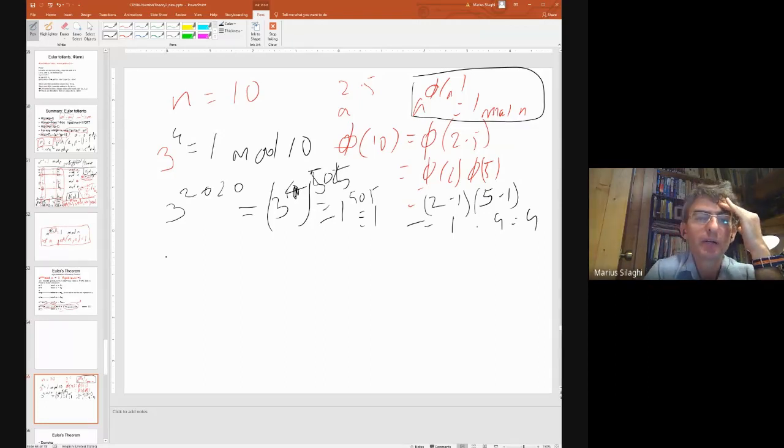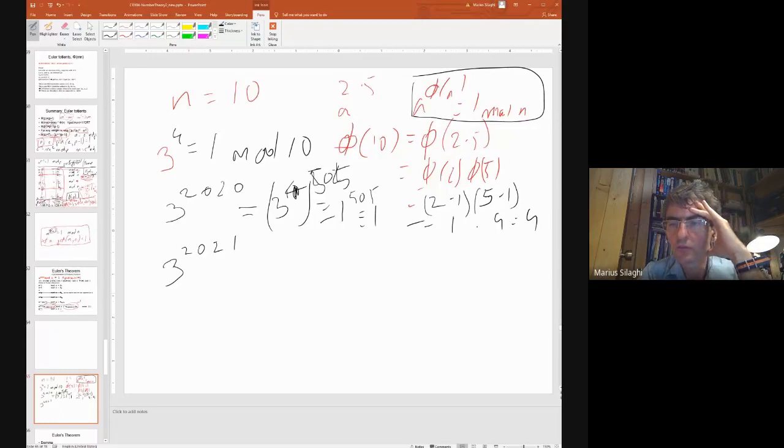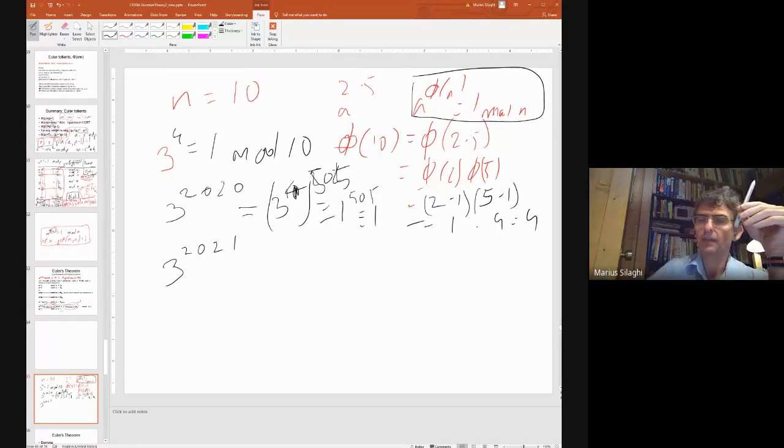What about 3 to the power 2021? What's the last digit? Assuming you compute 3 times 3 times 3, what will be the last digit? Good, Mohammed. It's 3.